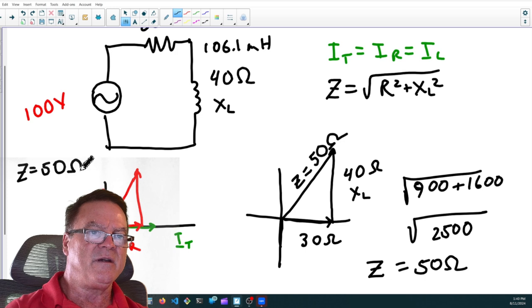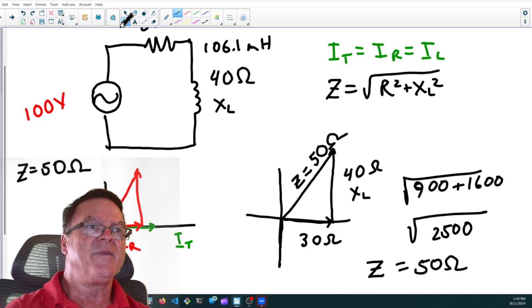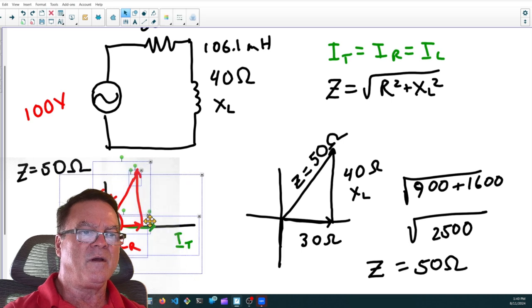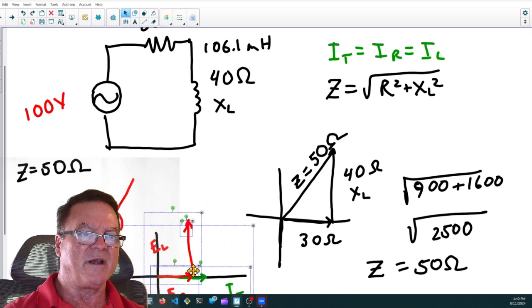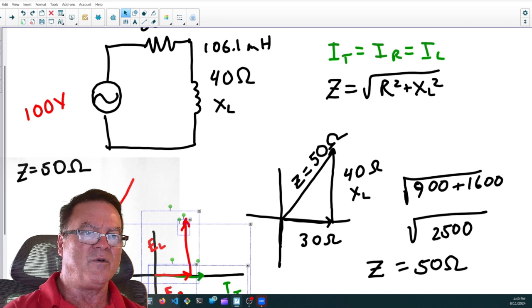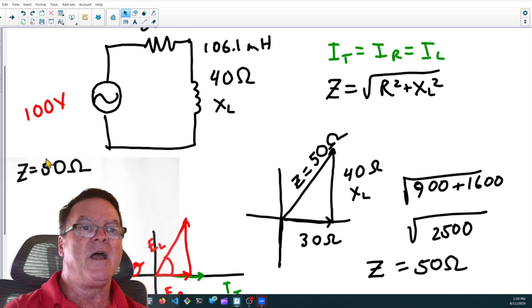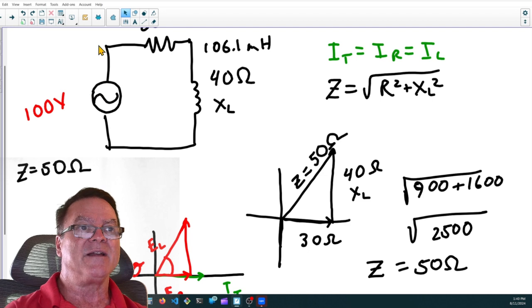Now you might be one step ahead of me. You might be thinking to yourself, well, Ohm's law says I equals E divided by R, or in this case, E divided by Z. And that's correct.